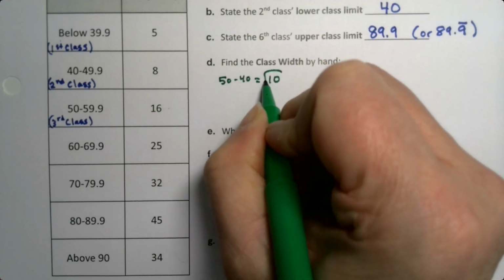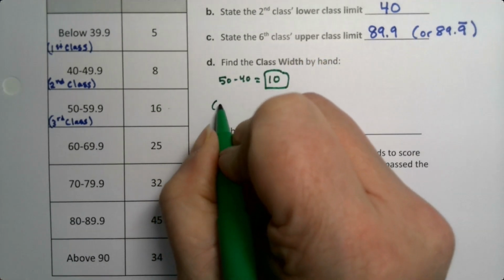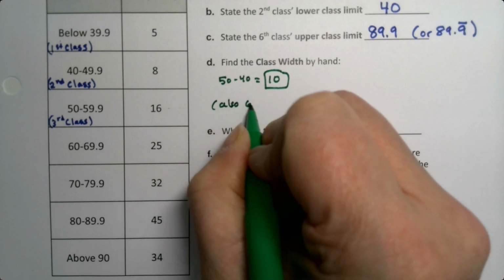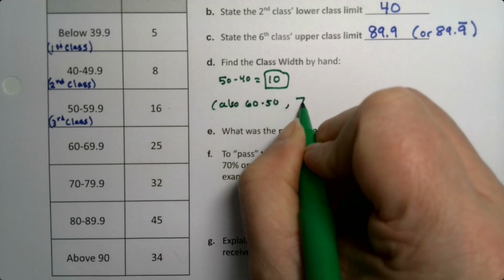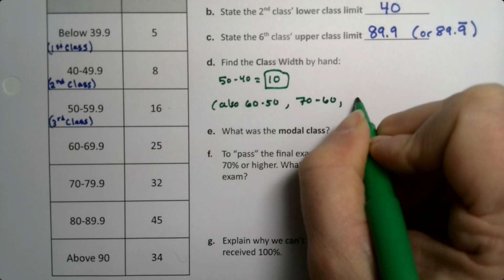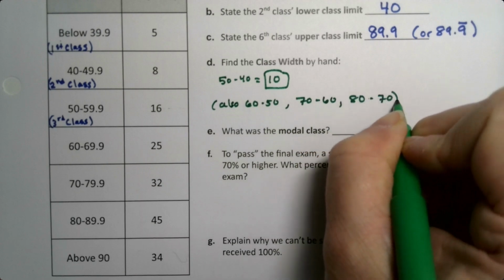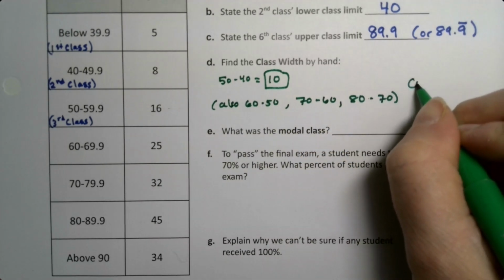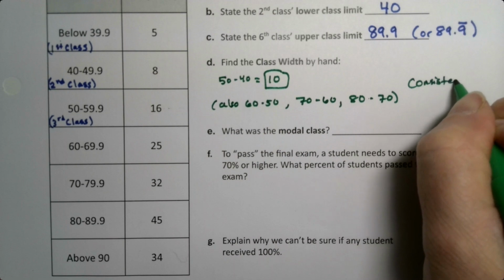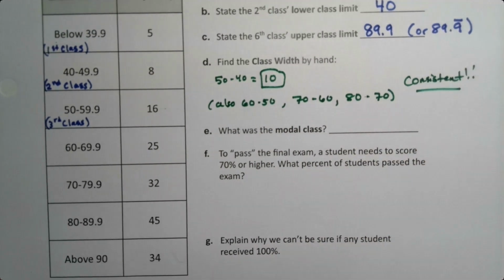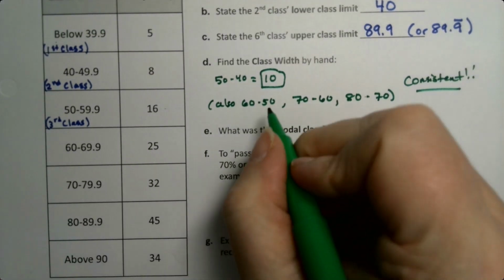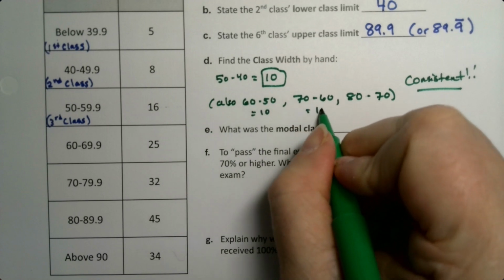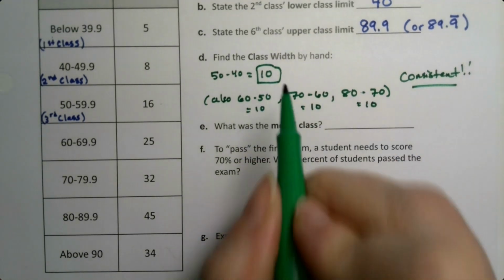It's 10. But you can also see it as 60 take away 50, or 70 take away 60, or 80 take away 70. They're the same. It's consistent. It's always 10. This is 10, and this is 10, and this is 10. Therefore, the class width is 10.